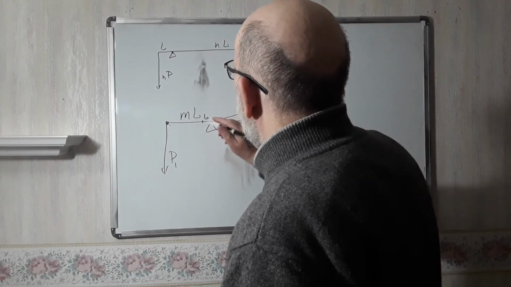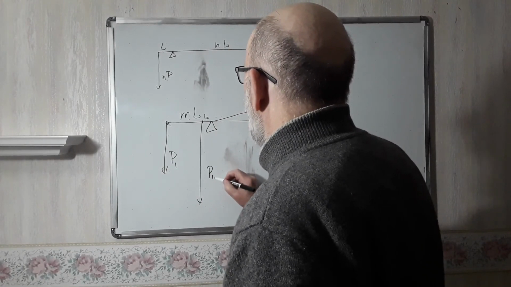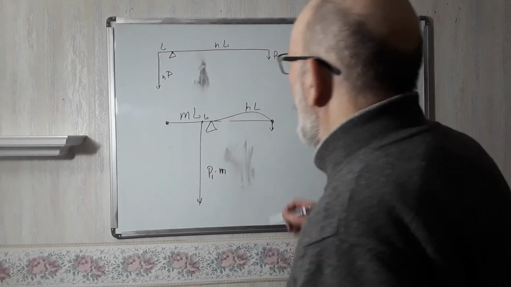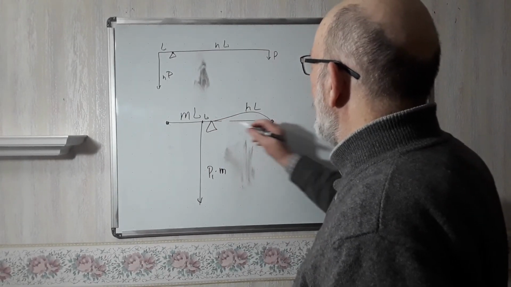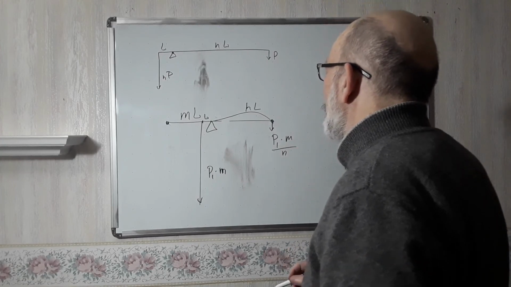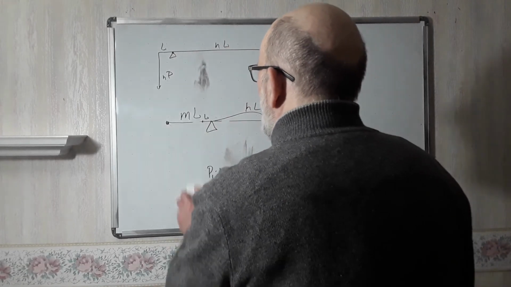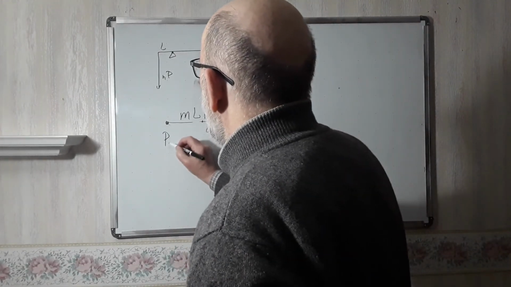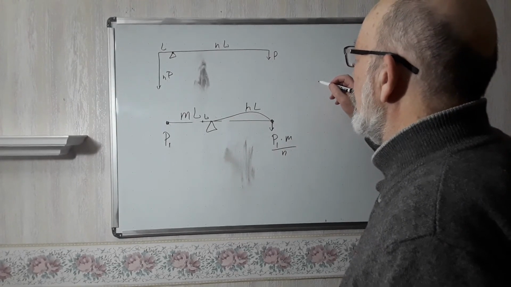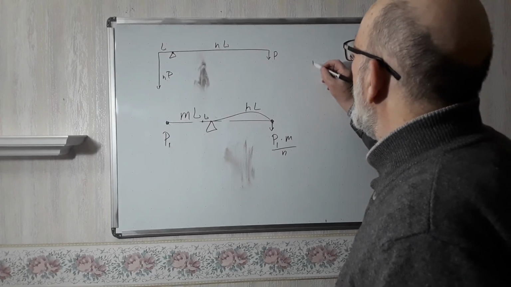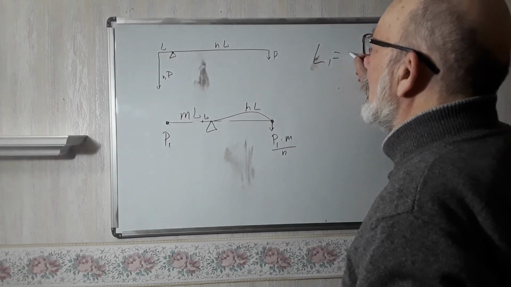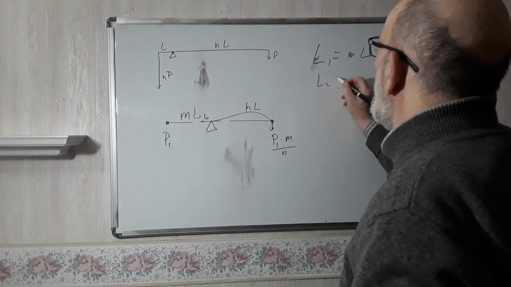Let us take L here by P1 times M, and this force is equilibrated with the force P1 times M divided by N. So what is L1? L1 equals ML, L2 equals NL.